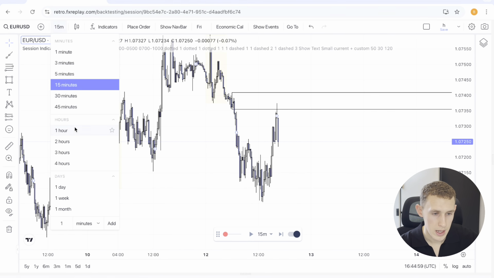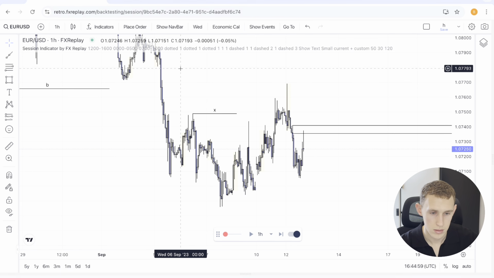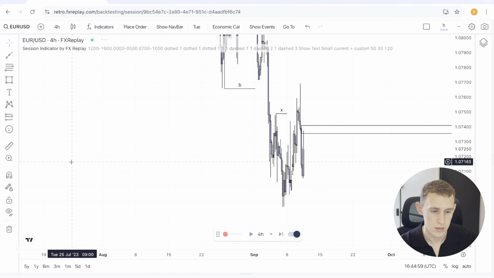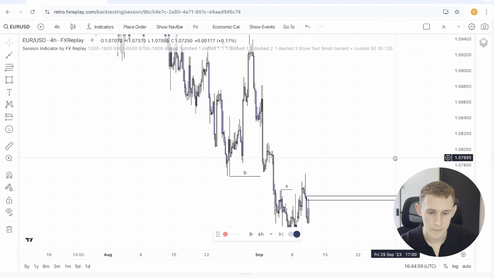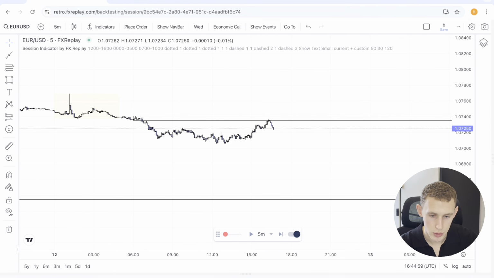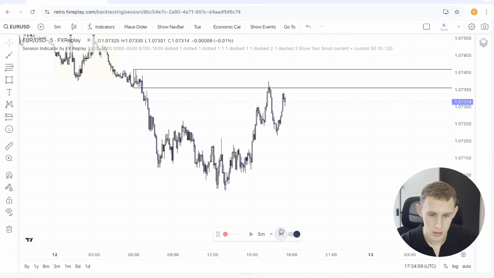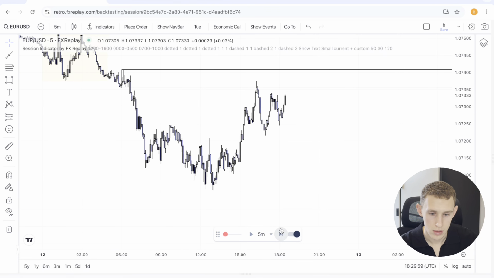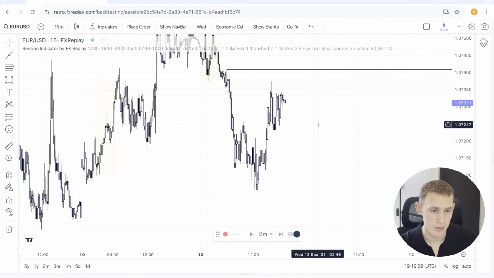Nice, so it came back up, retested the supply zone. So maybe we could see some shorts from here. Nothing right now for me.